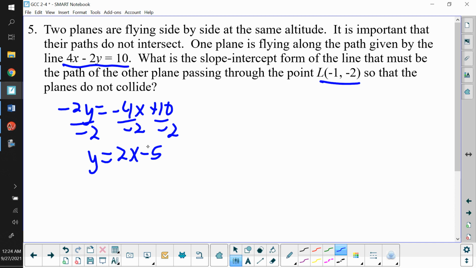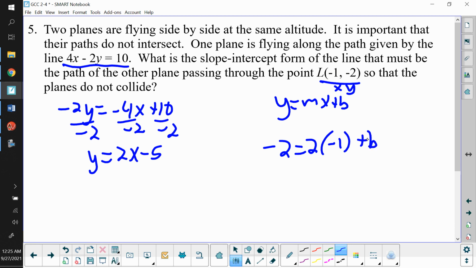We wanted parallel, so the slope that we're going to use is that 2. And this is our x and y that we'll use. So we'll have negative 2 for our y equals 2 for our slope times the negative 1 for our x, and then plus b. 2 times negative 1 is negative 2 with a plus b.